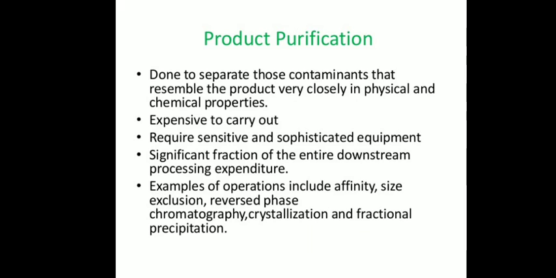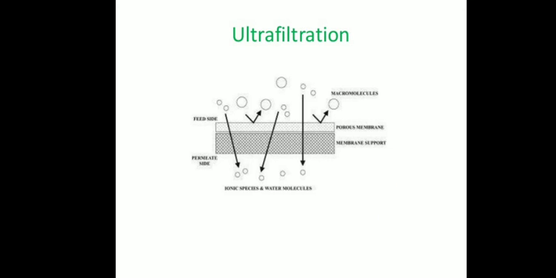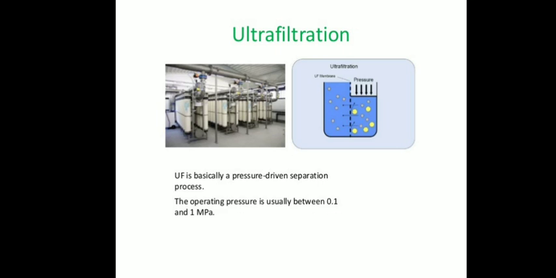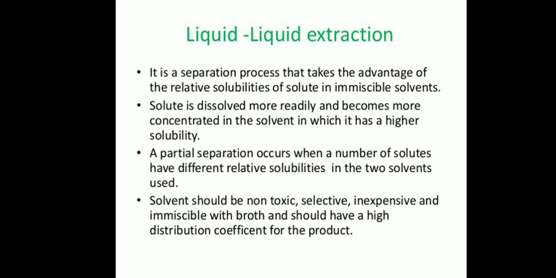Now, processes like filtration, precipitation and ultrafiltration are done for the separation of your product. Till now, we have seen the process of product isolation, in which we have seen the different methods of precipitation, then ultrafiltration, adsorption, and liquid extraction.